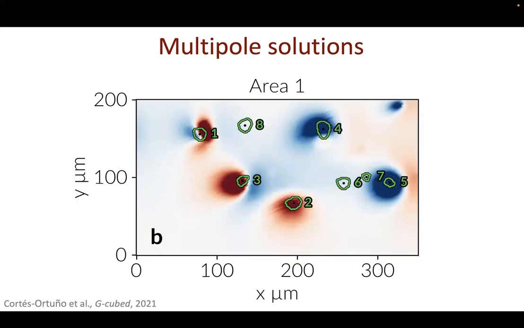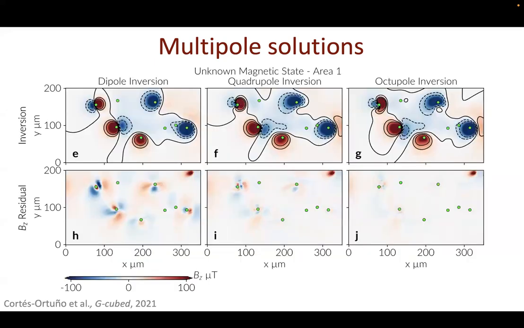So let's go back to this scan. This is data from the first paper, the 2018 paper. This is scanning SQUID data, but for the inversion, that doesn't matter. Here we have an area with only 8 distinct grains. What we're looking at right here is the dipole inversion. This is the quadrupole inversion, and this is the octupole inversion.